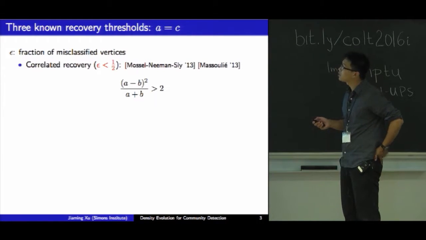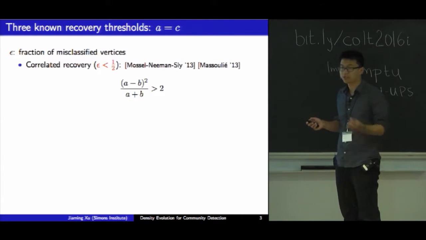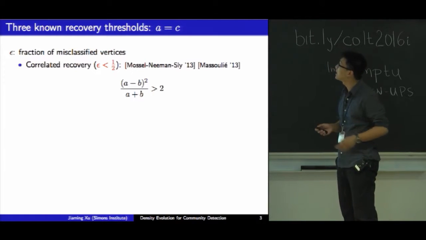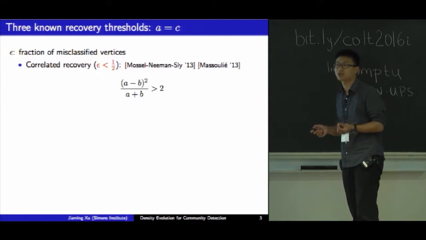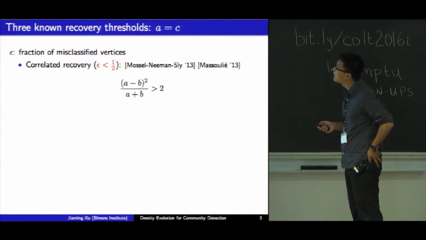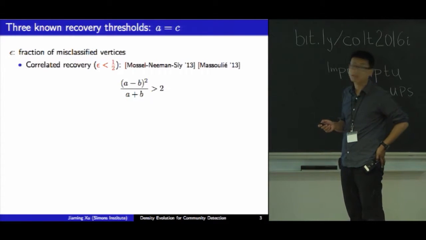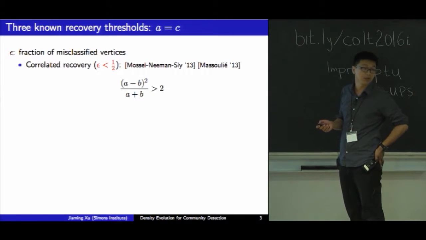The first result talks about the correlated recovery, which asks that epsilon be strictly bounded away from 1/2. So that is like doing better than random guessing. And it was shown that the correlated recovery exhibits a sharp phase transition threshold. Above the threshold, correlated recovery is possible in polynomial time. And below the threshold, correlated recovery is fundamentally impossible.